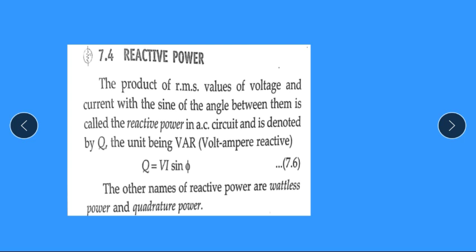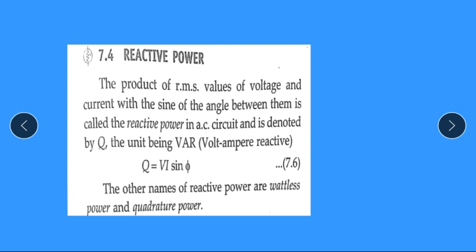Reactive power is also known as the wattless component of the power. The product of the RMS value of voltage and current with the sine of the angle between them is called the reactive power in an AC circuit, and it is denoted by the symbol Q. The unit of reactive power is VAR, volt ampere reactive, and it is written as Q equal to VI sin phi.